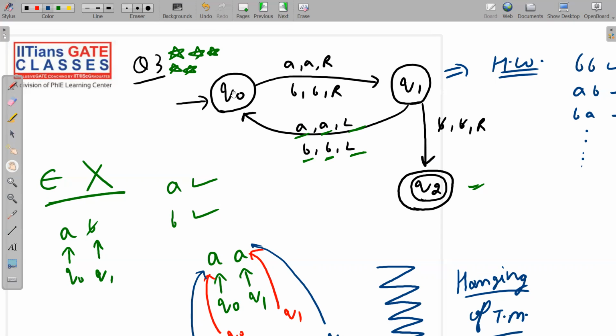So the Turing machine will halt, but in a dead configuration. Hence the string will be rejected. So null will be rejected, but the Turing machine will halt and reject it.